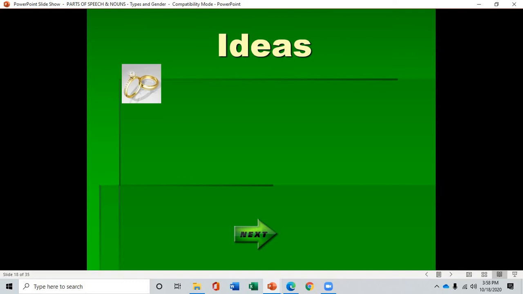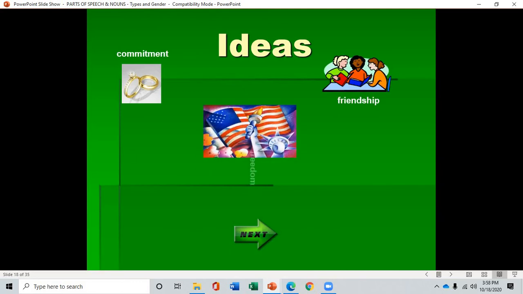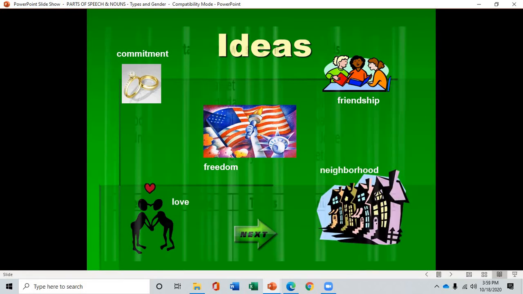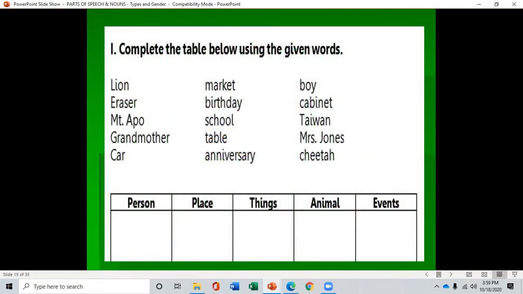For ideas, do you know that in nouns, it's not only the things that you see, but also the things that you think. Okay? So yung mga ideas, yung mga concept, these are also nouns like commitment, friendship, okay? We also have freedom, love, okay? Neighborhood. Okay?